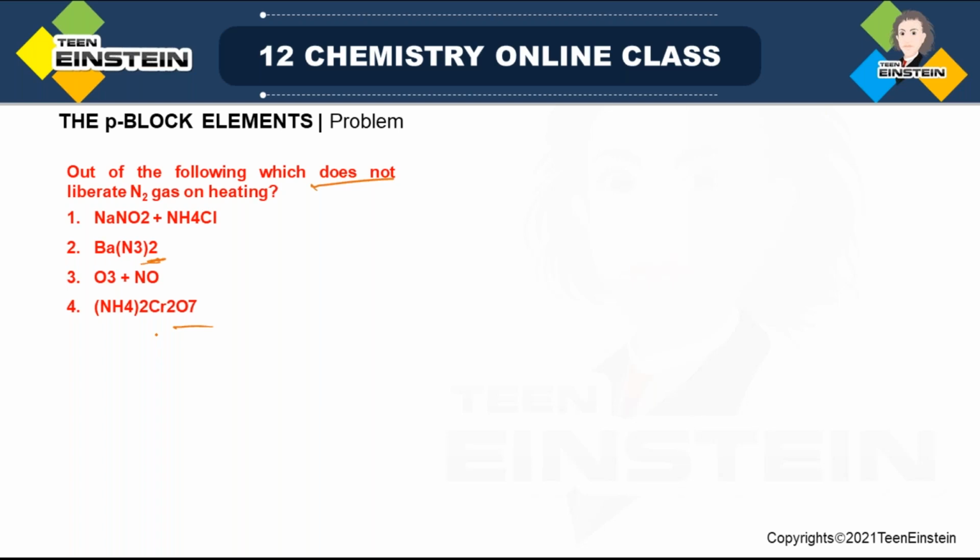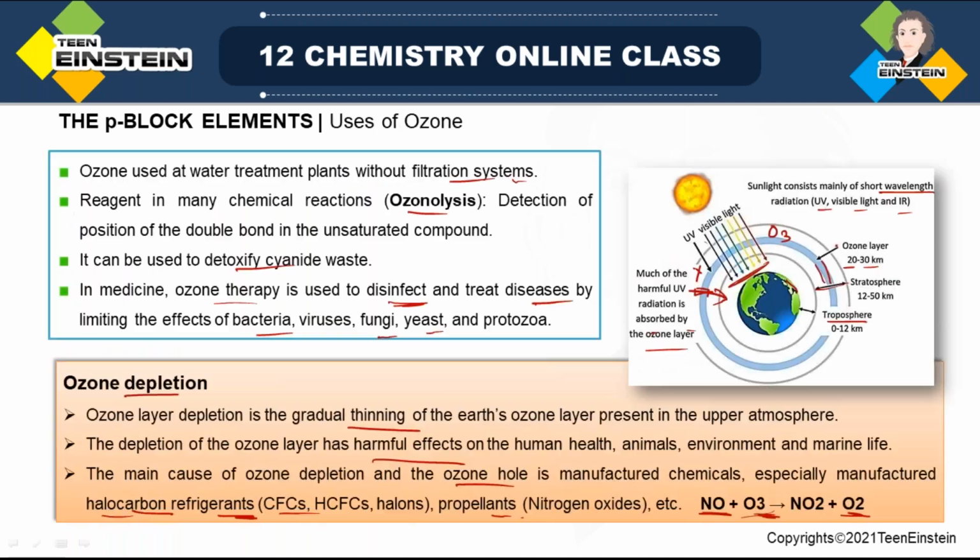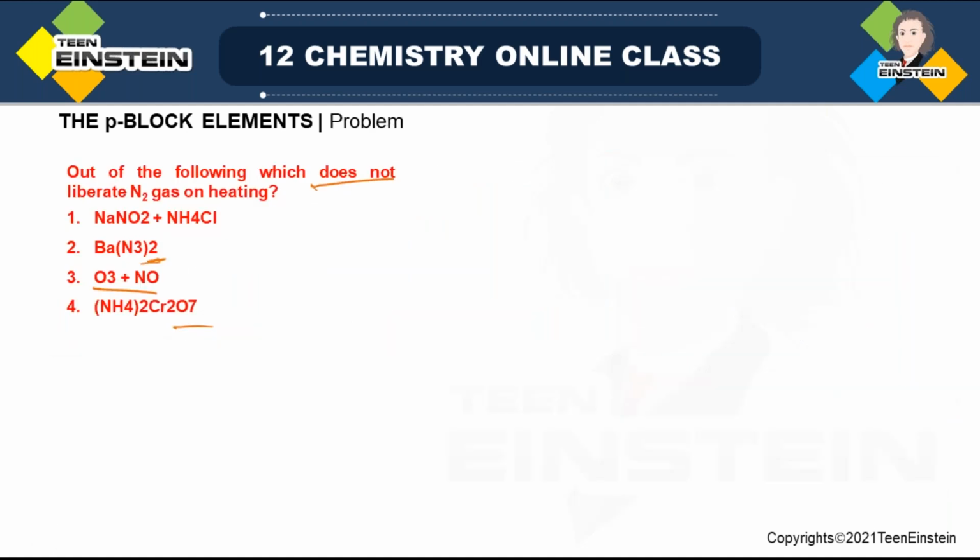Now see, even if you do not know all the products of all these 4 reactions, you can still answer this question. Remember this equation, we have just seen it in the previous slide, how NO is reacting with O3. See, in the bottom box, there is a reaction mentioned, NO plus O3 is converted to NO2 and O2. So O3 is actually an oxidizing agent.